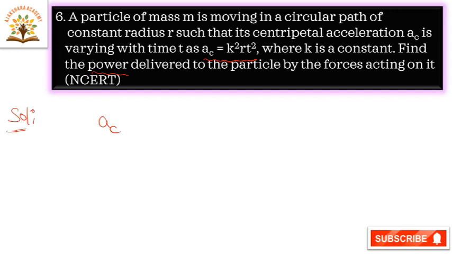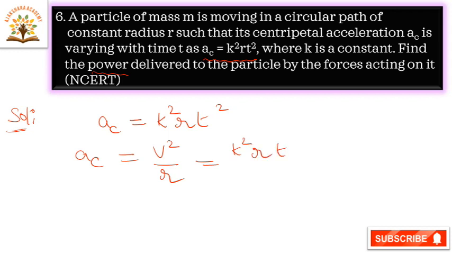AC is equals to k square r t square, as given. Now AC is the centripetal acceleration, AC is equals to V square by r. So that is equals to k square r t square.